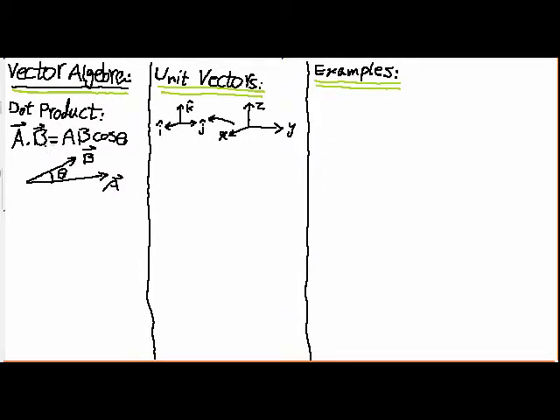Okay, so let's assume I have two vectors A and B and they make an angle theta with each other. Then the dot product is defined this way. So this is a definition. So here this is size or magnitude of A and this is magnitude of B, and this is cosine of this theta, the angle between them.